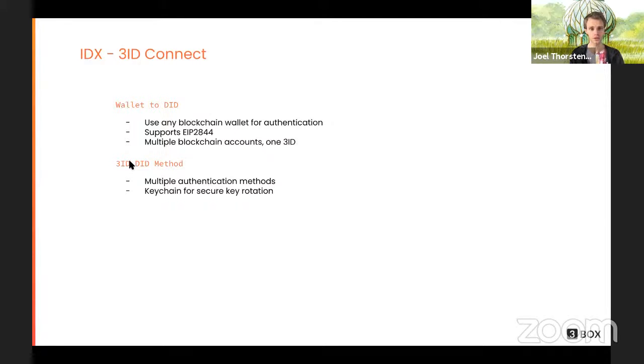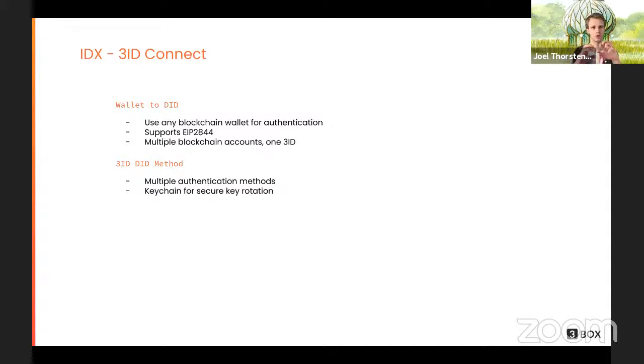The 3ID DID method is essentially an identifier that allows us to have multiple authentication methods. I might have MetaMask to authenticate to this DID method, and I might have another wallet that I also use to authenticate.